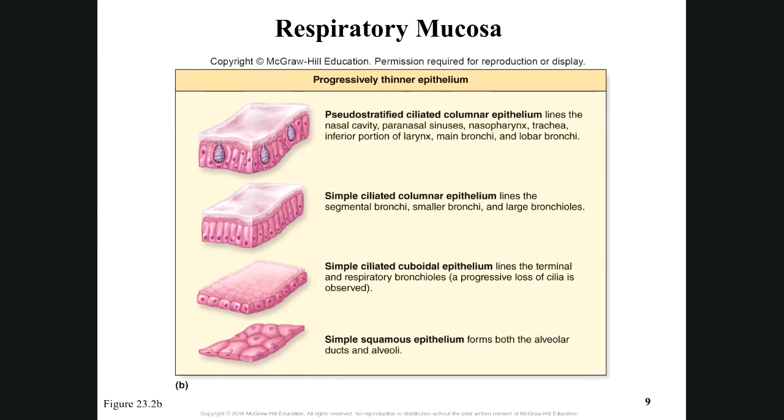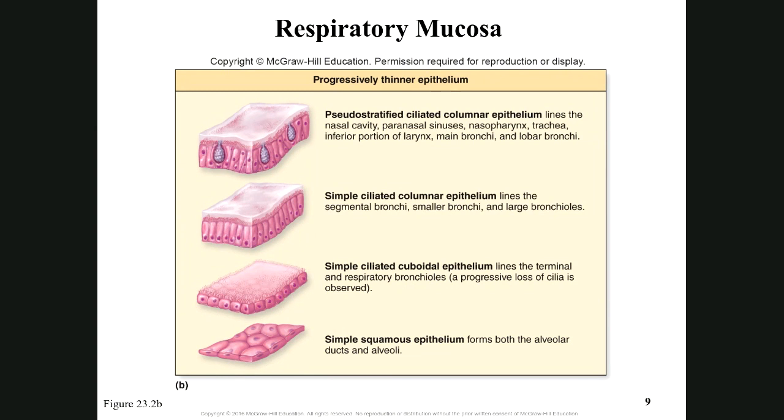Because when the epithelium is thick, it cannot do exchange by diffusion. In diffusion, in chapter 4 in 2050, we talked about this process. We need to have a very thin membrane to let the material diffuse.